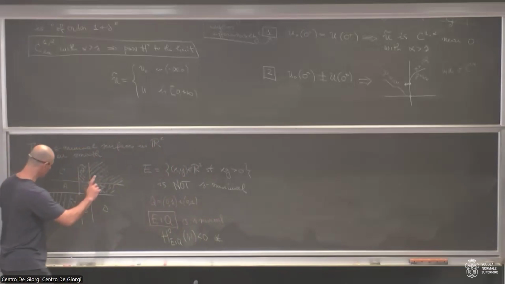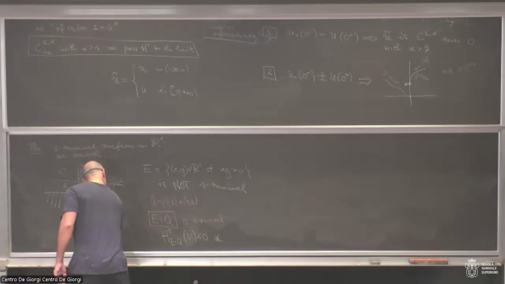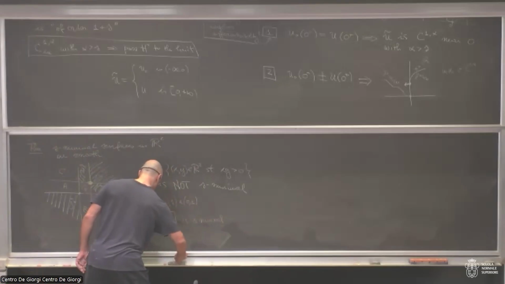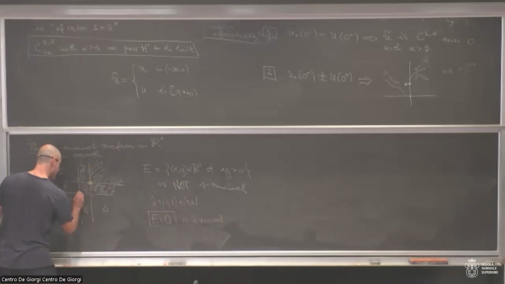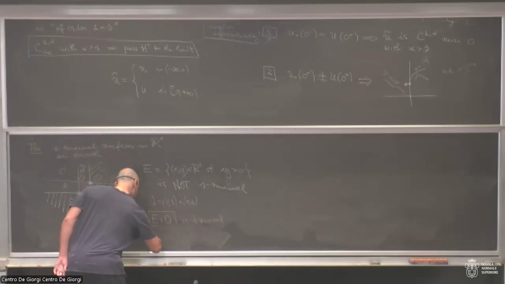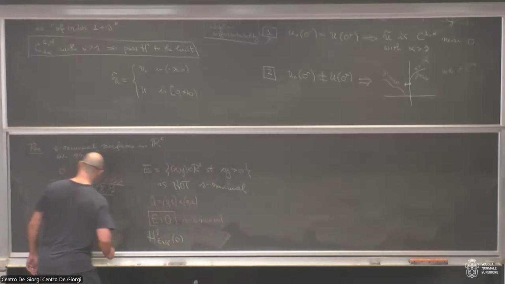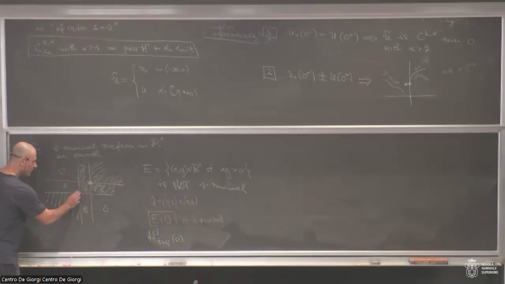Or even, let me do a simpler proof that doesn't even need the blow-up argument. Let me compute H_s, this is actually easier, of E minus Q at the origin. If I compute H_s of E minus Q at the origin, I know that when Q was included, the s-mean curvature was 0.